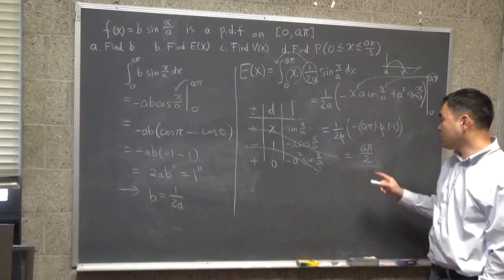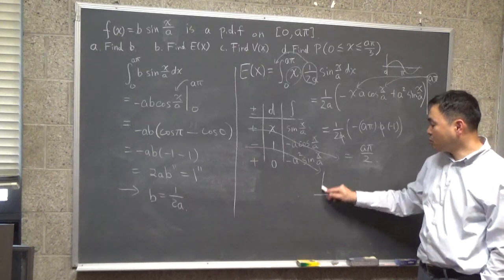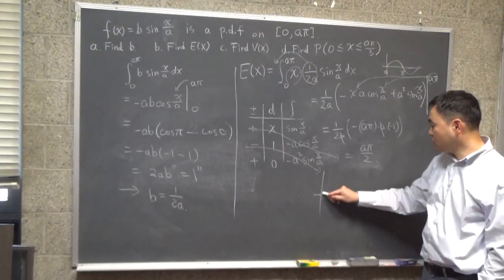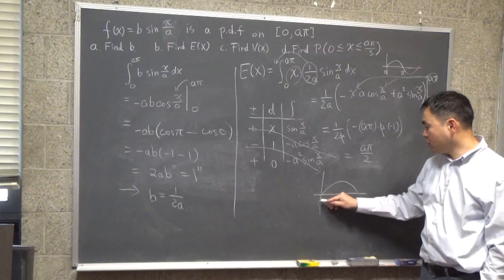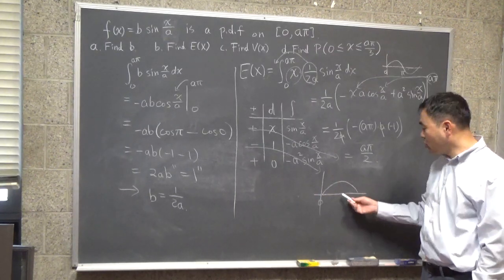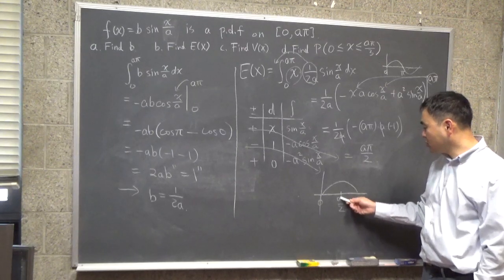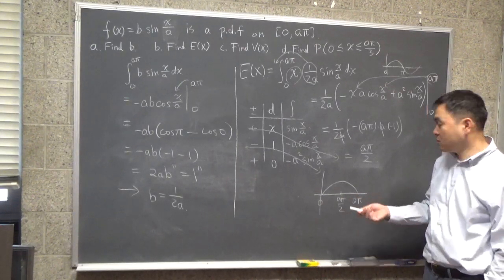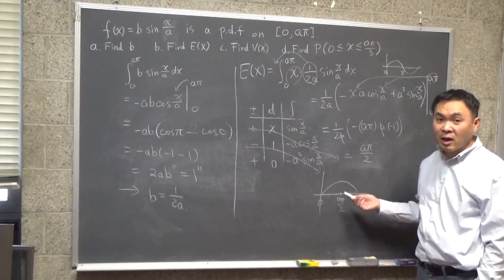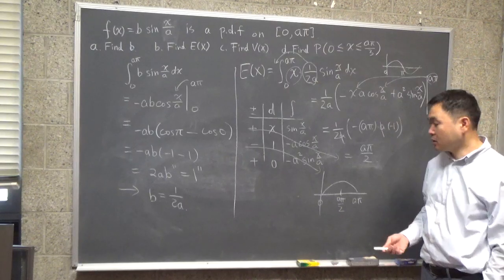Now, notice that this answer is somewhat obvious because, as I said, our probability distribution function is from 0 to a pi, and it is symmetric over this midpoint a pi over 2. So if you're looking for the expectation value, which is just another way of saying average or weighted average, it will give you the middle one.